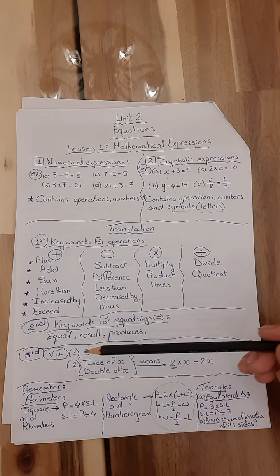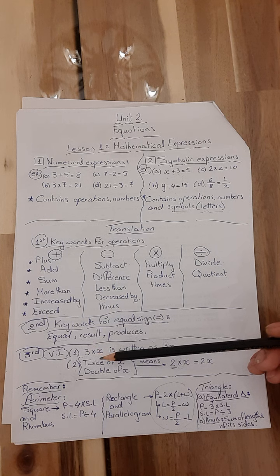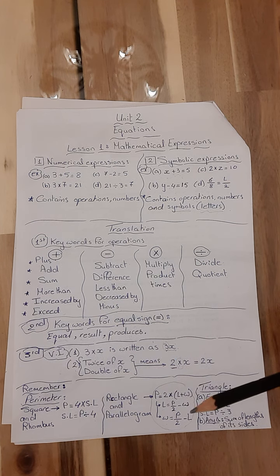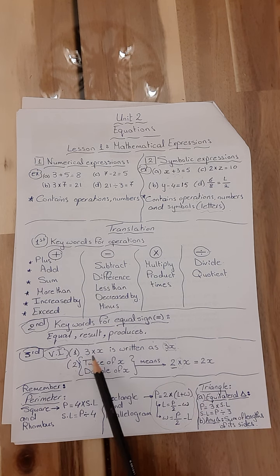Now we need to know very important things. Number one, the most important thing in this unit, that the multiplication operation will disappear. What is the meaning of that? For example, 3 times x. What happened here is we have a number, fraction, decimal, whatever, multiplied by a letter, which is a symbol.